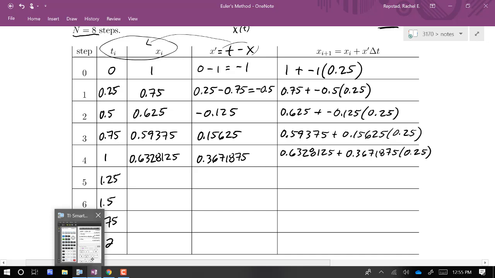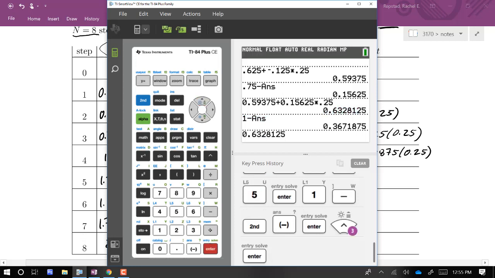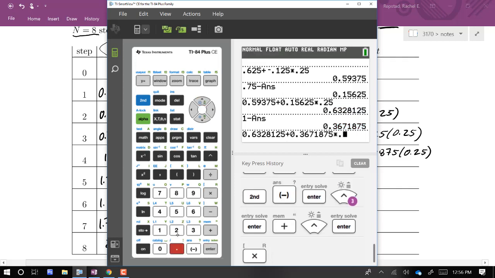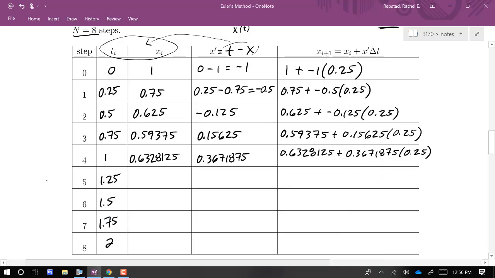And then again, let's see, 0.6328125 plus, and then our x prime of 0.3671875 times 0.25, 0.724609375.